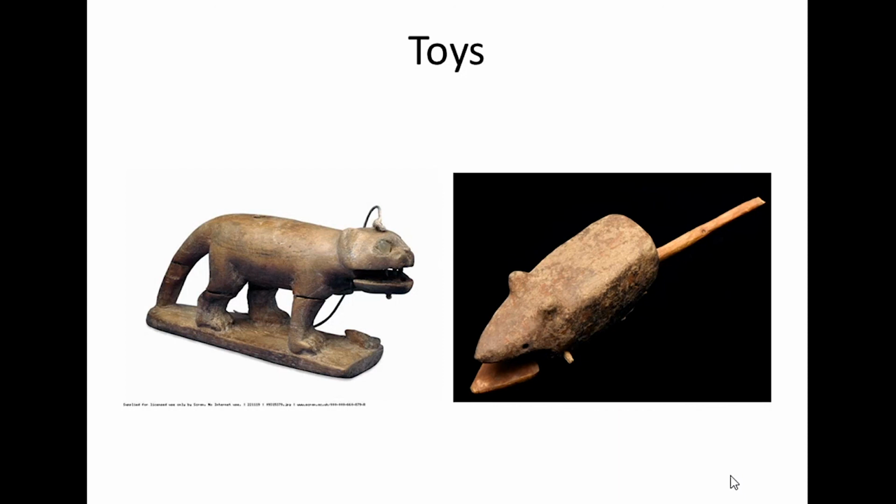Other evidence we do have of childhood are toys. On the left, a wooden toy cat, dated to 1550 to 1070 BC, Egyptian New Kingdom. Cats were domesticated in Egypt. Cats were worshipped as gods and goddesses in Egypt.